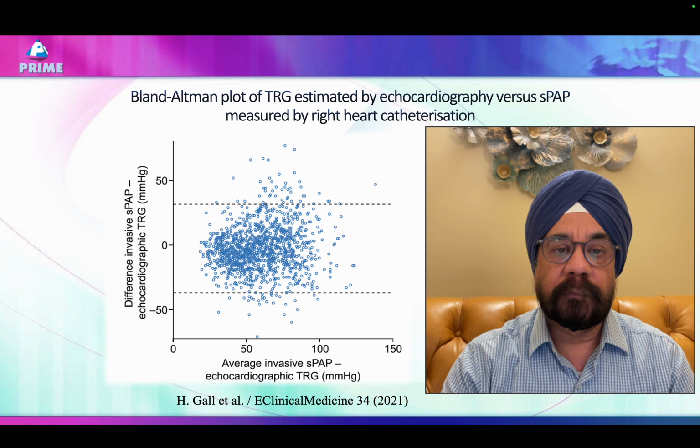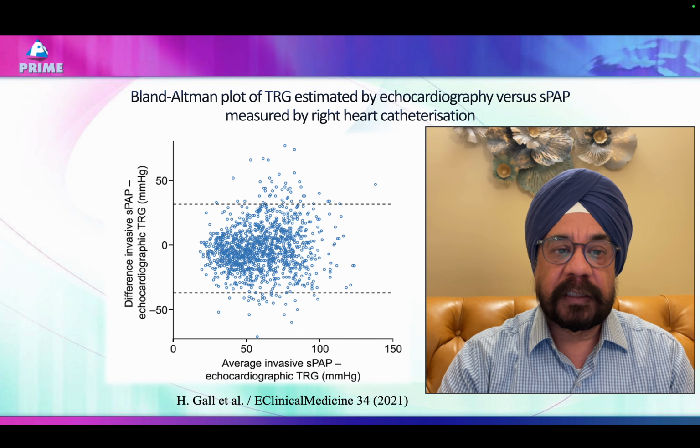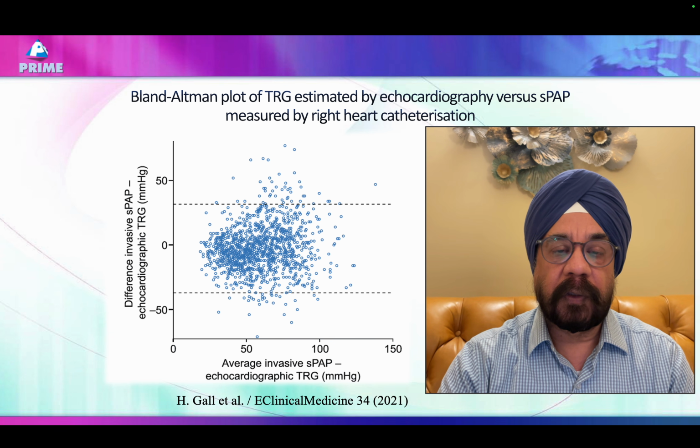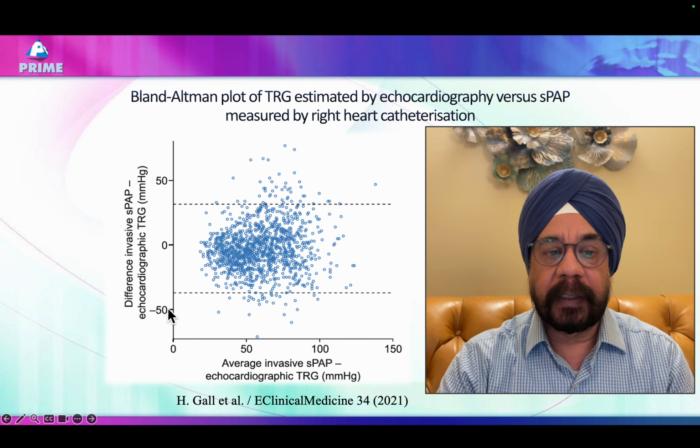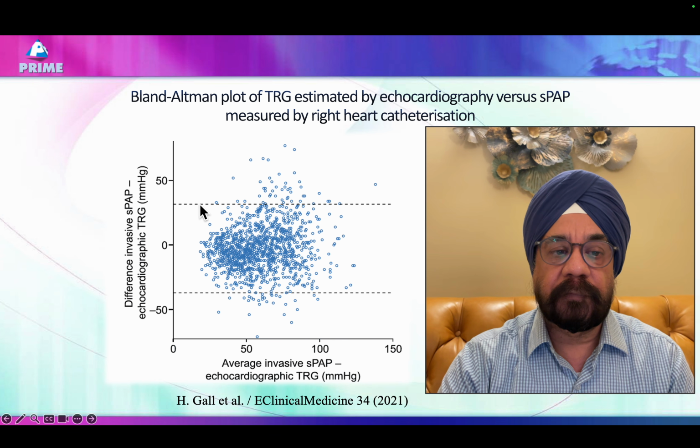Then look at the scatter of variation, the difference between the systolic pressure calculated by echo and cath. The differences can go as high as 50 millimeters of mercury on either side. That is huge.